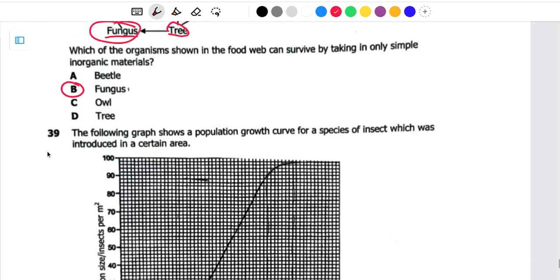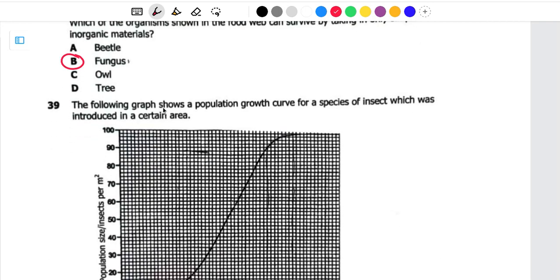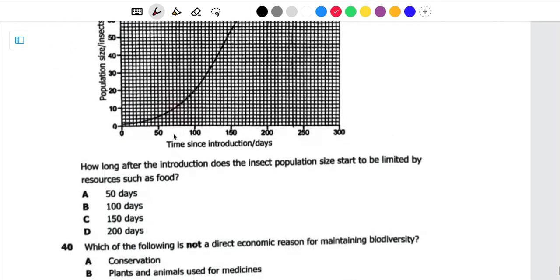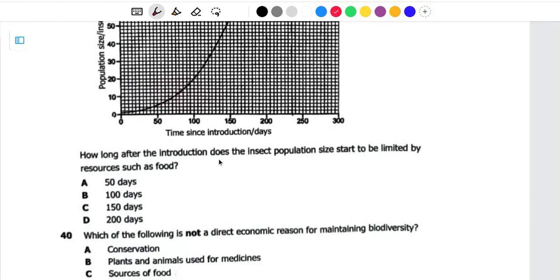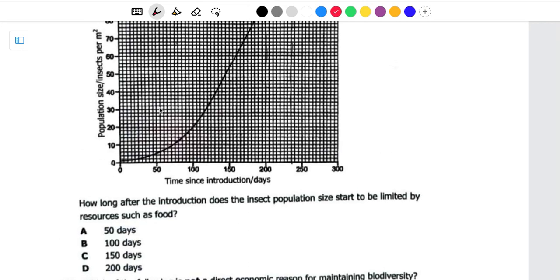And then question 39 is saying, the following graph shows a population growth curve for a species of insect which was introduced in a certain area. Then the question is saying, how long after the introduction does insect population size start to be limited by resources such as food? So here we have the population size of insect per meter squared, and then the time since introduction per day.